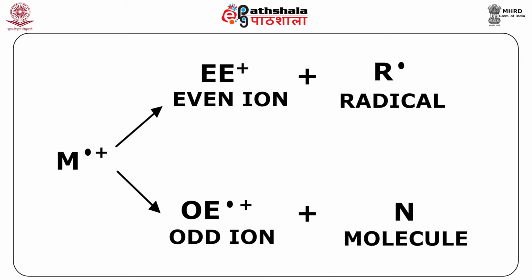Now as you can see here, the molecular ion gives an even electron ion or an odd electron ion. The even electron ion comes with the radical and the odd electron cation comes with a neutral molecule N. This is shown in the figure or the equation that you can see here.